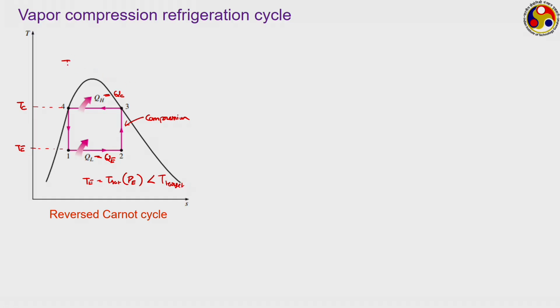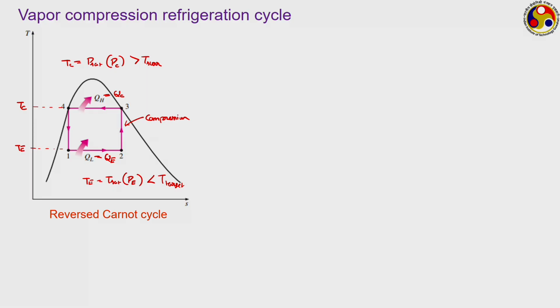Similarly, TC, the condenser temperature, which is the saturation temperature corresponding to the condenser pressure, has to be greater than the surrounding temperature. So, the purpose of the compressor is to operate between these two pressure levels, or to change the pressure level of the refrigerant between this PE and PC suitably.